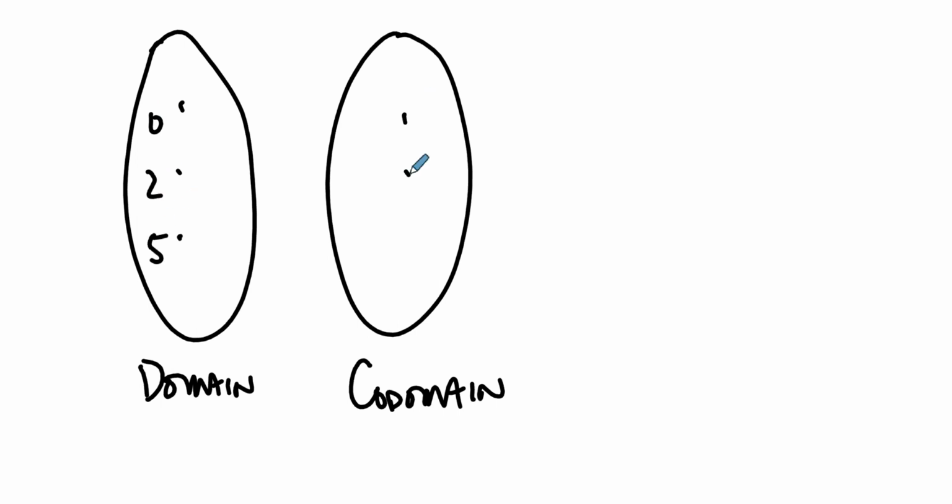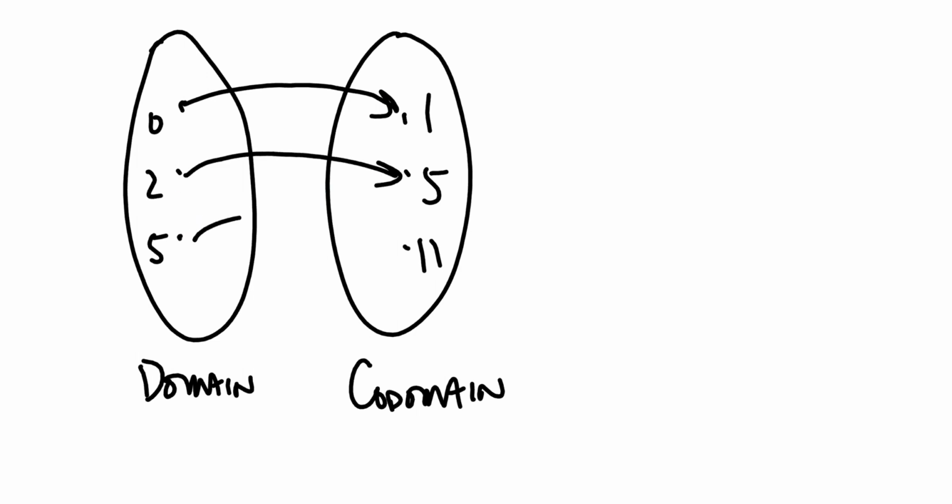Put the domain over here, we put the codomain over here, and maybe we have 0 and 2 and 5, and maybe double plus 1, double plus 1, double plus 1, and we indicate that 0 maps to 1, 2 maps to 5, 5 maps to 11 with arrows. This is the function f. It sends 0 to 1, it sends 2 to 5, it sends 5 to 11.